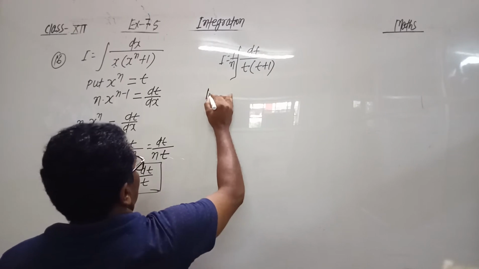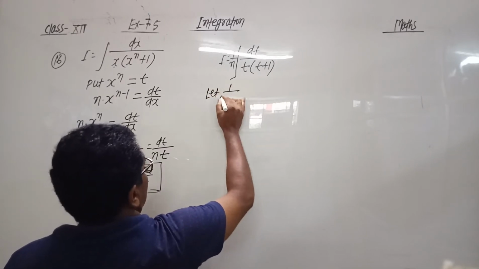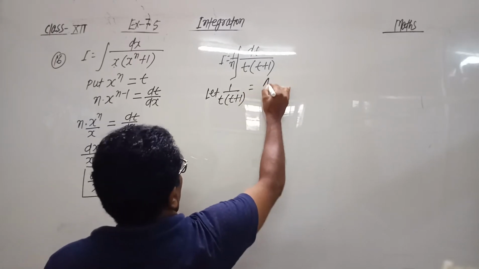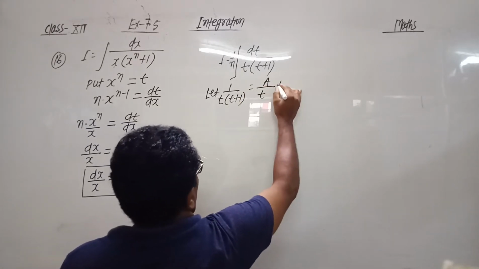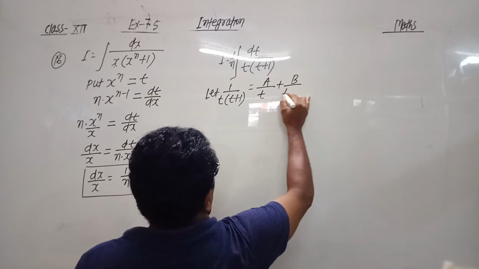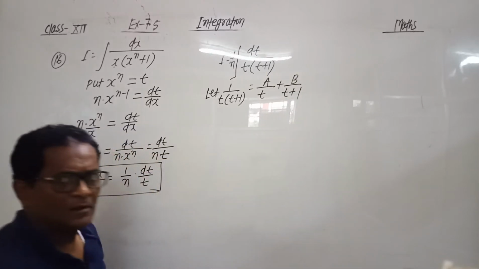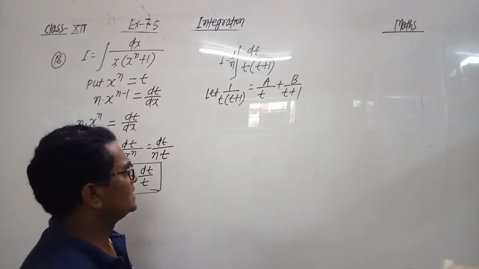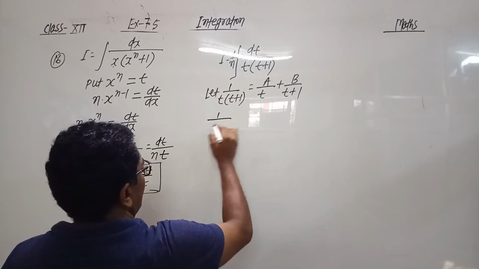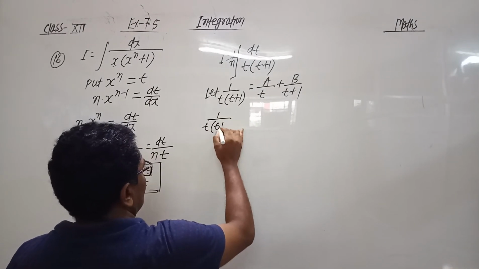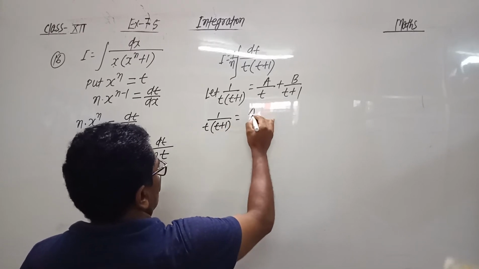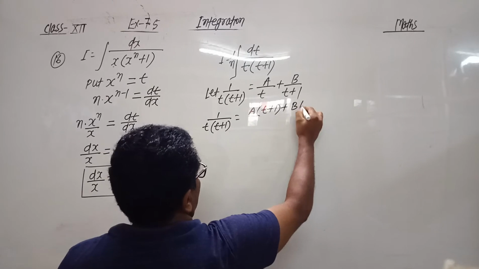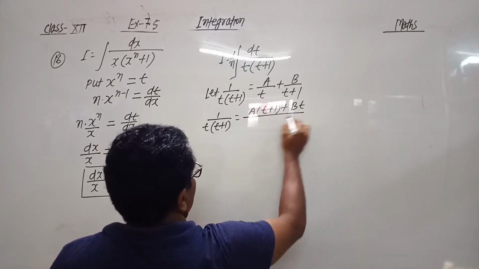Now let 1 by t into t plus 1 equals to a by t plus b by t plus 1. We will express in partial fraction, both are the linear terms. So 1 by t into t plus 1 equals to a into t plus 1 plus b into t by taking LCM.